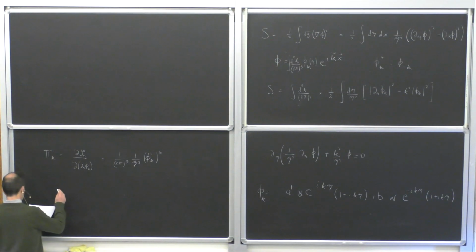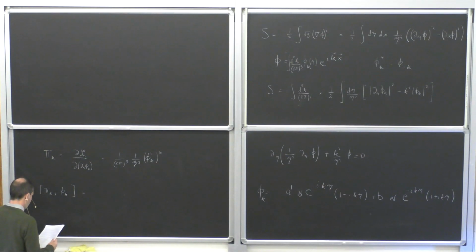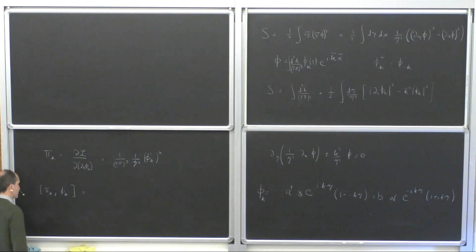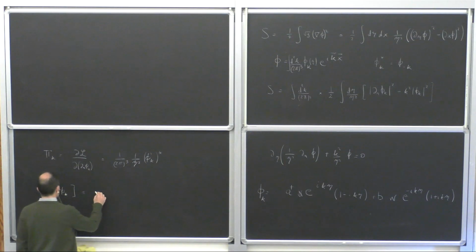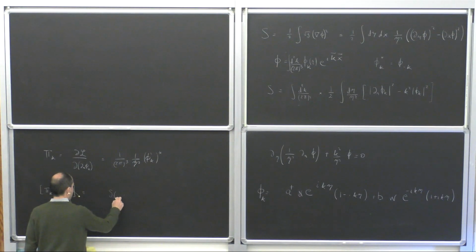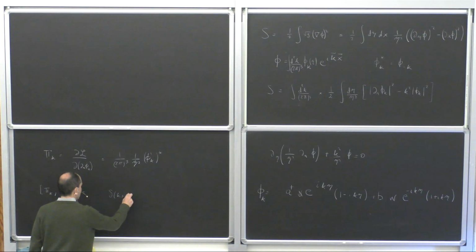Okay, so now we have that pi k, phi k, right? So this is supposed to be a delta function, well, let me say k prime. So this is some delta function, k plus k prime, pi cubed.